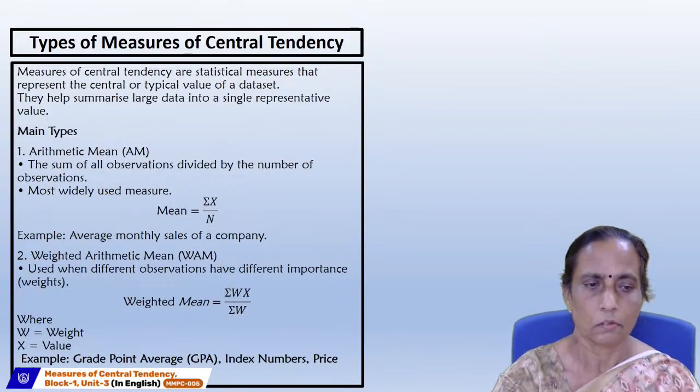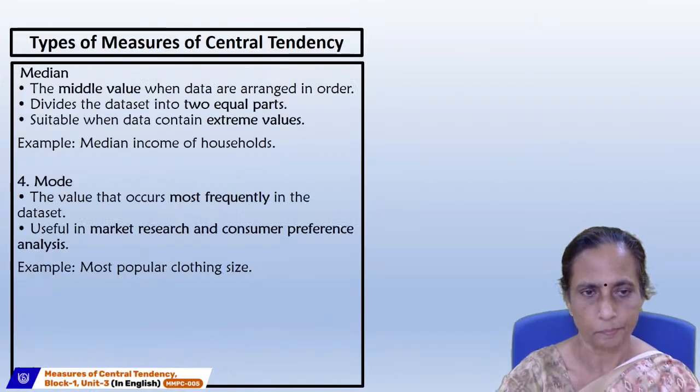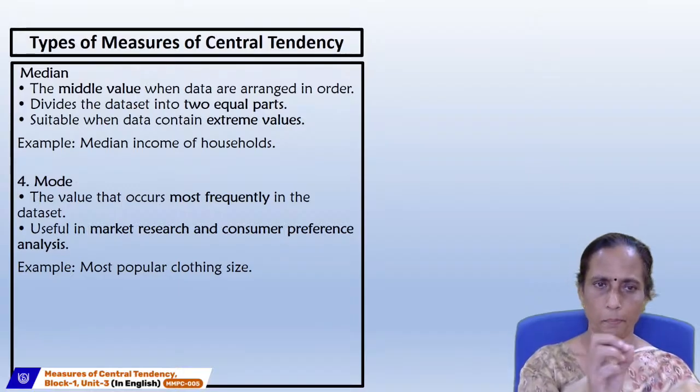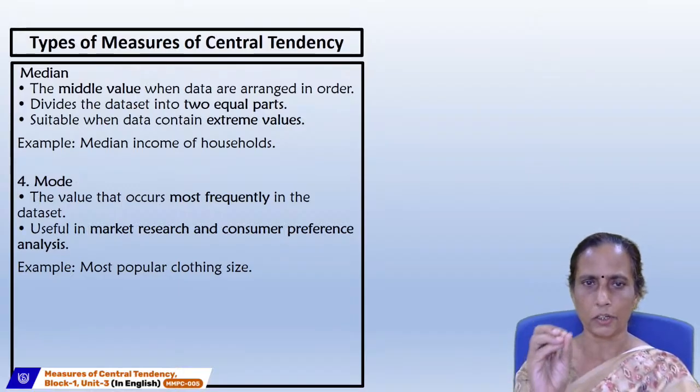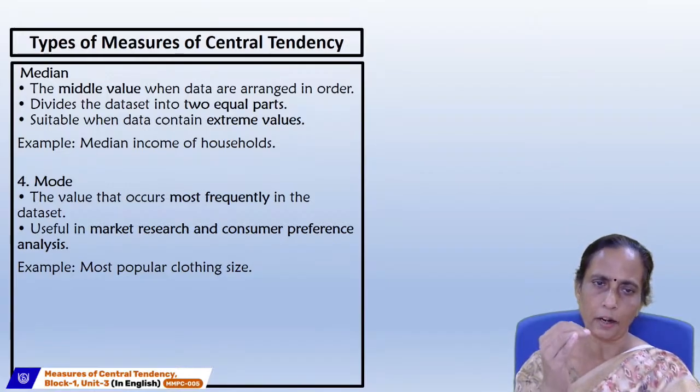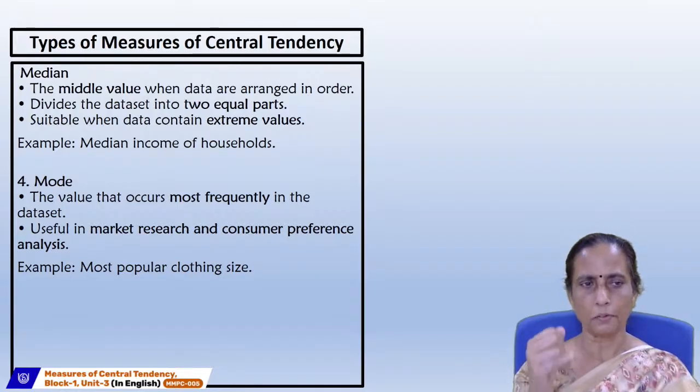So weighted arithmetic mean. Then one is your median. So the middle value when data are arranged in order. So the median requires that the data available should be arranged in ascending or descending in a specific order.